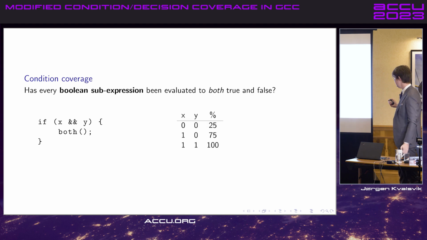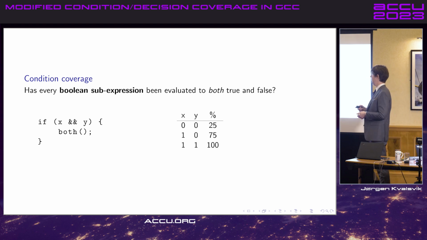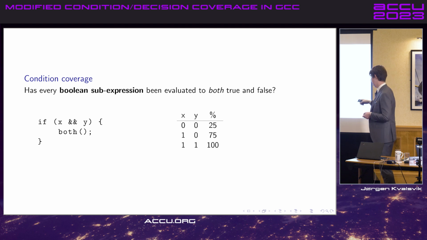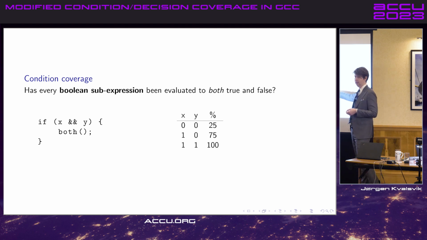Okay, so condition coverage extends this a bit further. And in order to satisfy condition coverage, you need to test that every Boolean sub-expression is evaluated to both true and false. So for this program here with, well, x and y, and these inputs, this is accumulated.